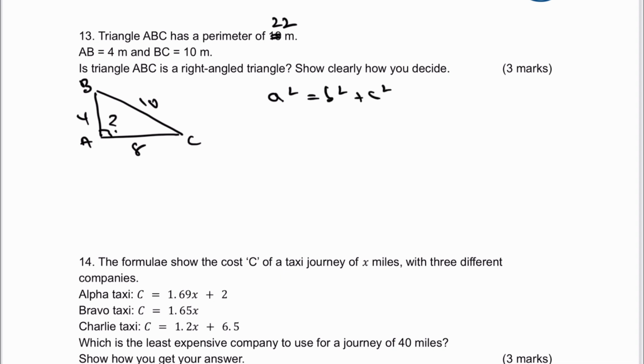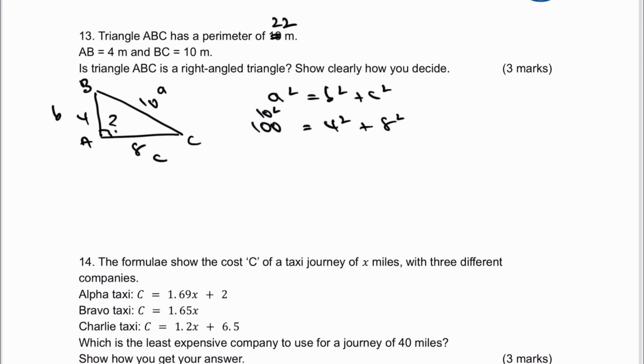So if this is A, which is the hypotenuse, it would be 10 squared, which is going to be equal to B, which is 4 squared, plus C, which is 8 squared.